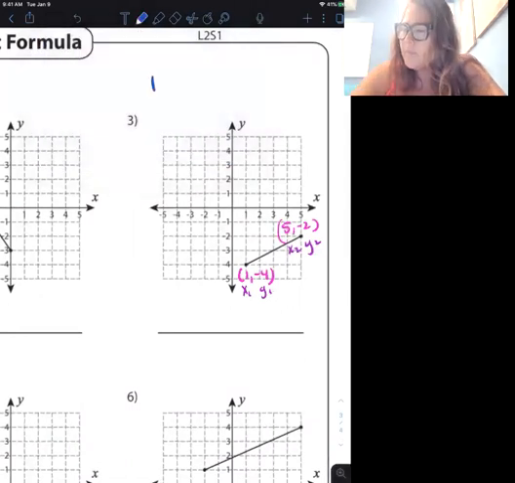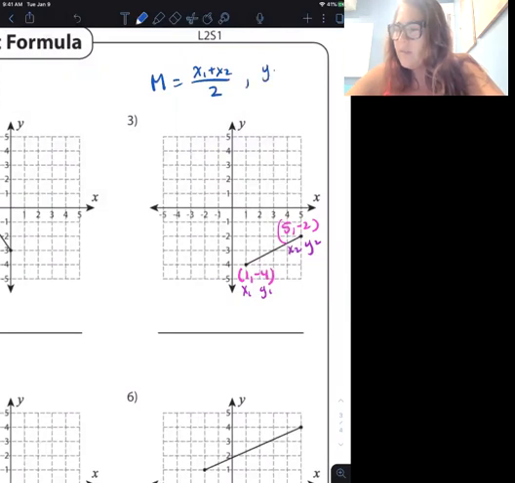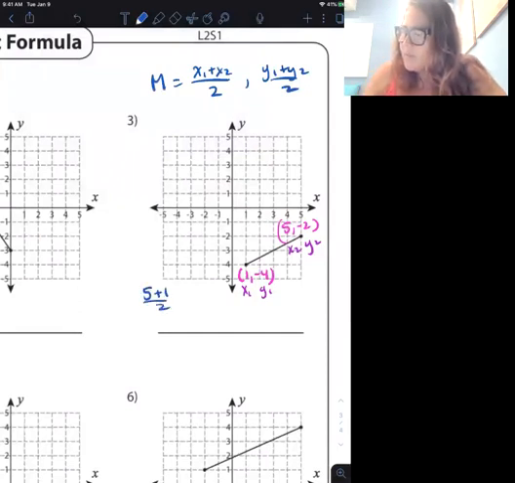So remember here, midpoint is equal to your x's added together divided by 2, and then your y's, add them together and divide by 2. So here we've got 5 plus 1 divided by 2, which is equal to 6/2. Equals 3, so my x value is 3.